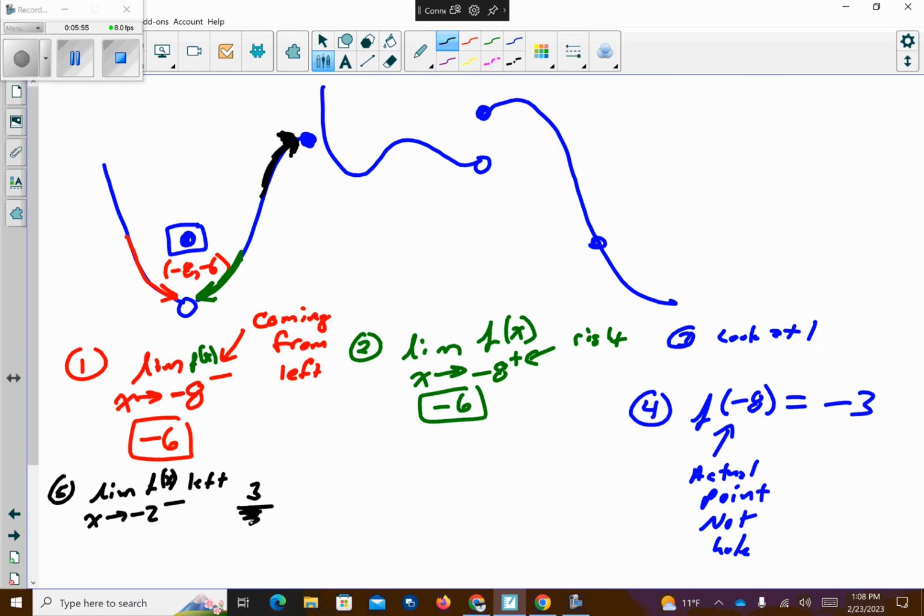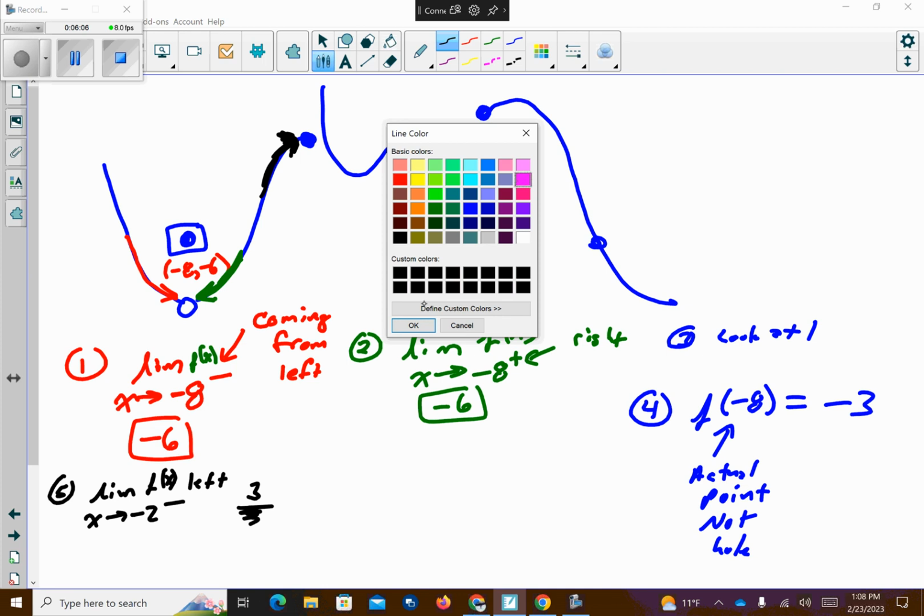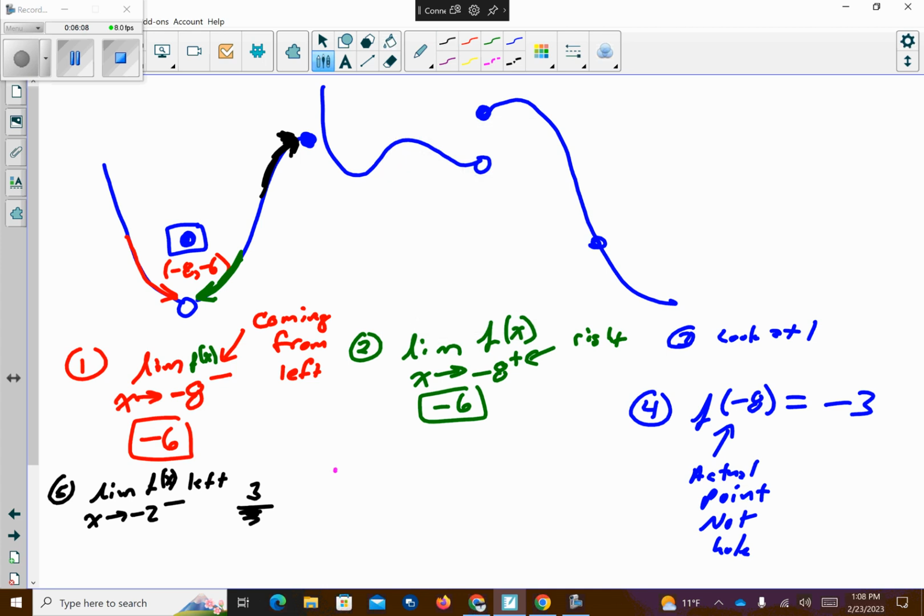But then number 6, we're going to do a different color. I'm going to jump to my pinkish color. So number 6, the limit as x goes to -2 from the right of f of x.